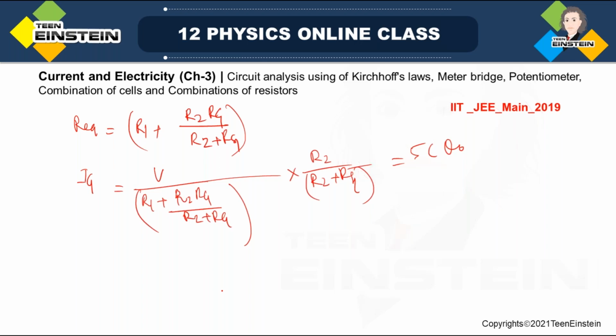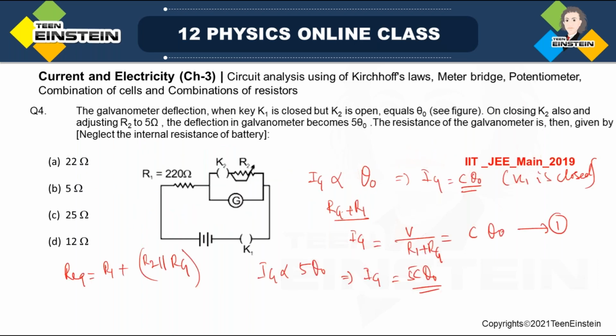Now V into R2, so V by R2 plus Rg. Look at this part, we have already got something here: V by R1 plus Rg is equal to C theta 0.